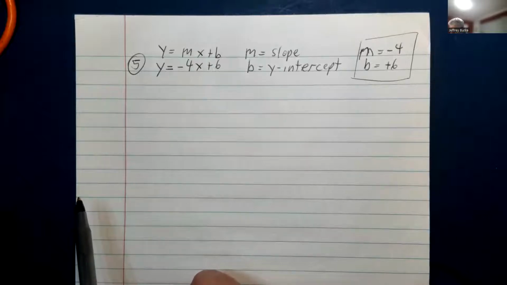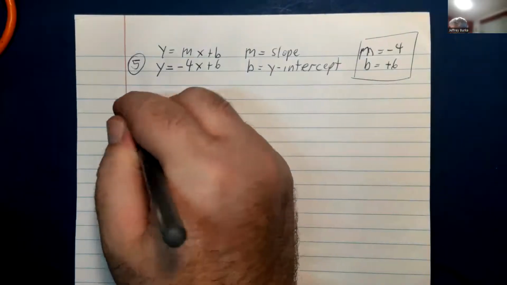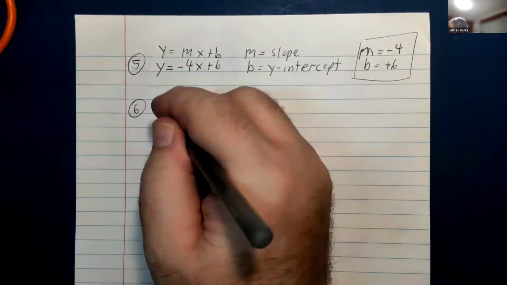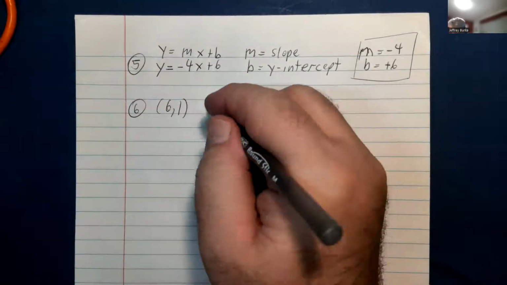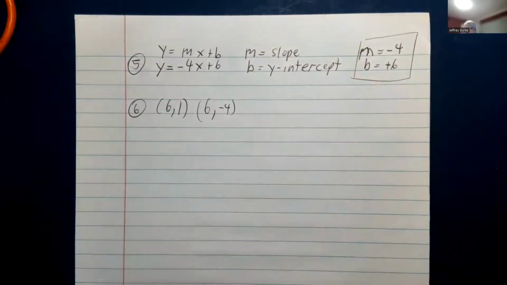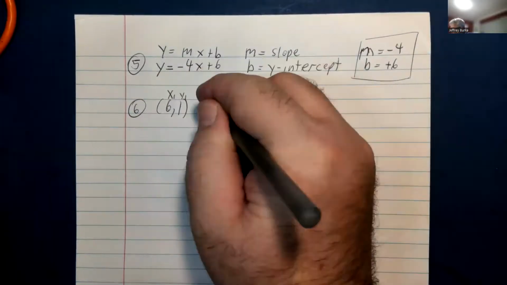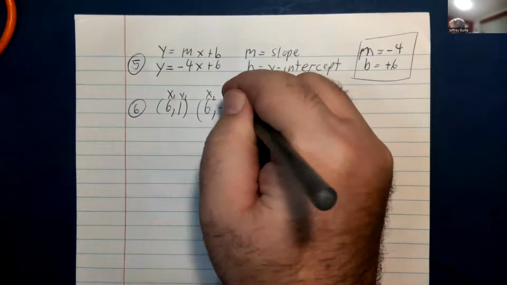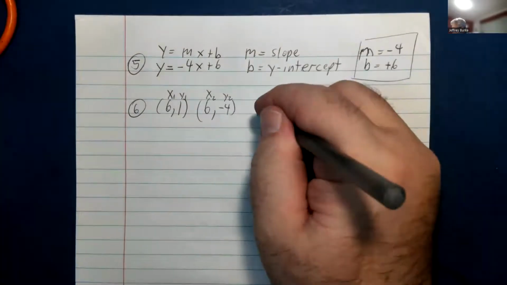In question 6, we're asked to find the slope of the line containing the given points. So in this question here, we're provided with 2 points, (6, 1) and (6, -4). Well, for this one, I'm going to go ahead and label these 2 points x1, y1, then x2, y2, and put this into the slope formula.